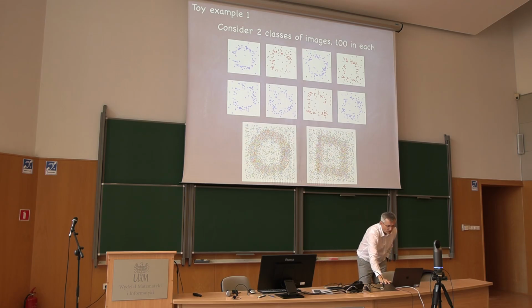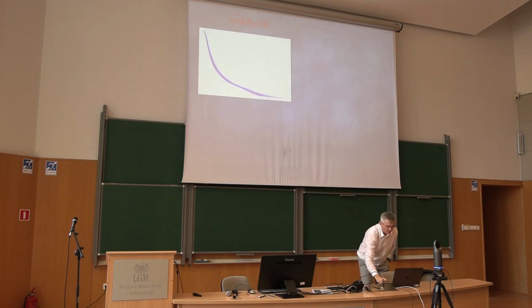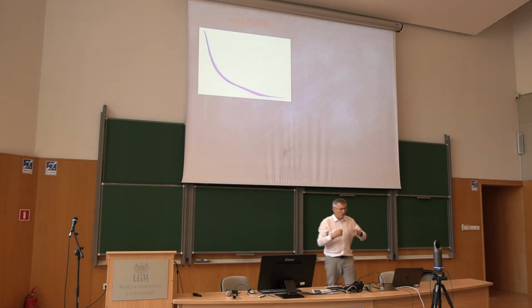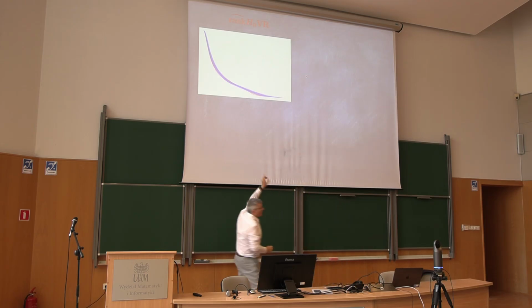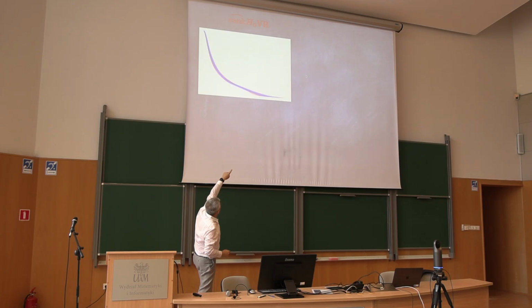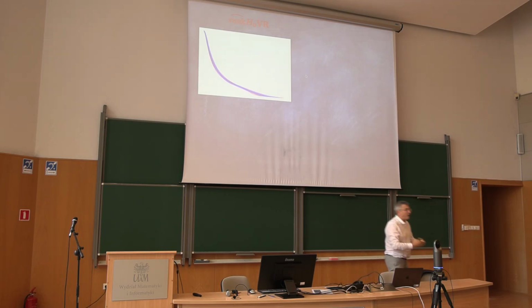I want to make a certain point here. Remember, this whole plan is to model your complex data by functions. Although this is two-dimensional, it's not actually complex. So here is the image of these functions, blue and red. And here's a warning: the space of functions is sort of weird.